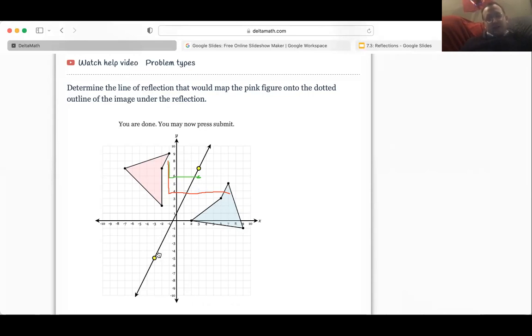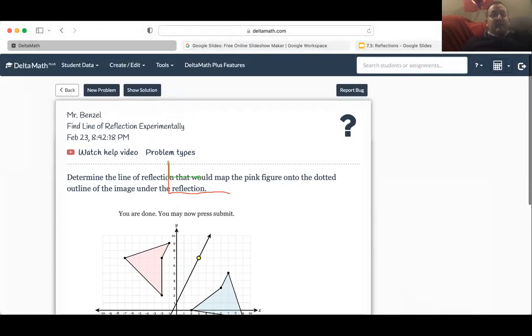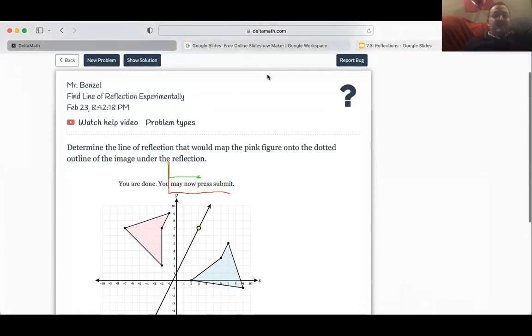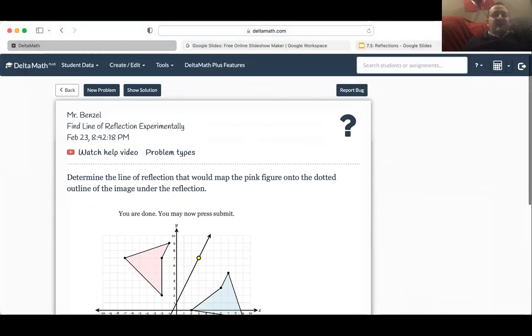I think it's a little bit easier to see on the bottom, where that halfway point is going to be, because when we're looking between here and here, we are exactly at that 1,0. And when the dotted line and the blue figure match up, you have successfully found the line of reflection.